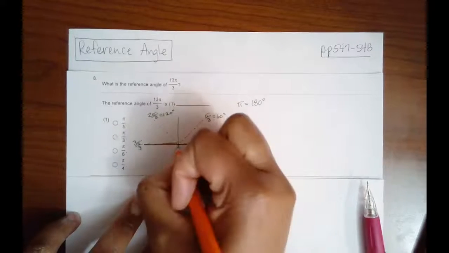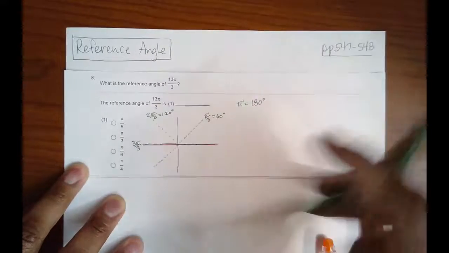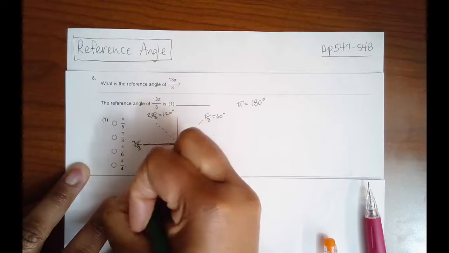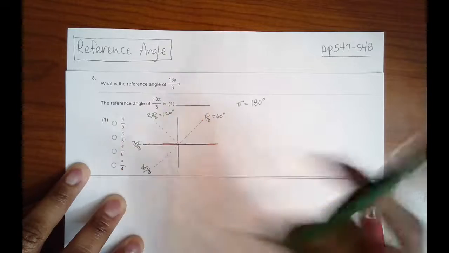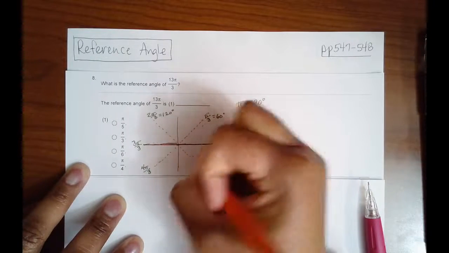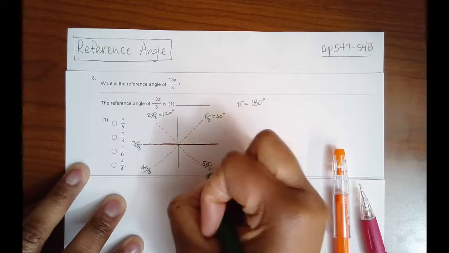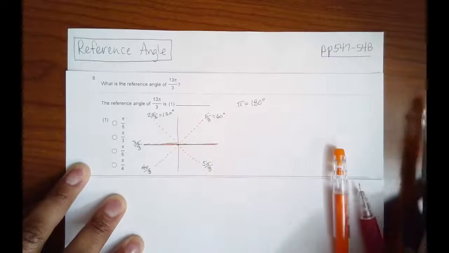So if we keep going, this is going to be 4 pi over 3. Excuse me, 5 pi over 3.